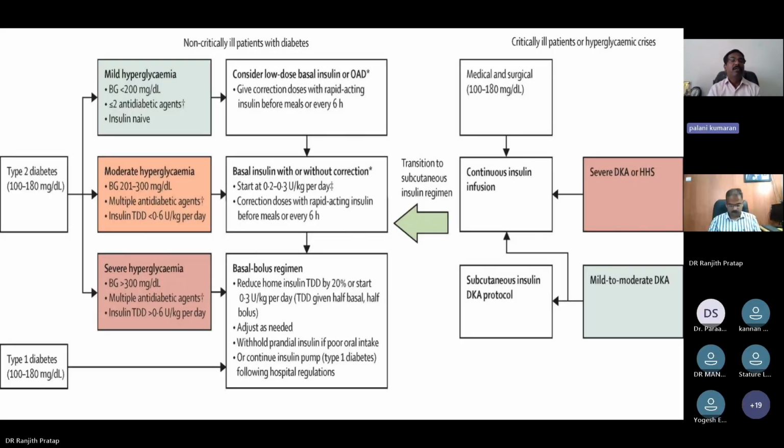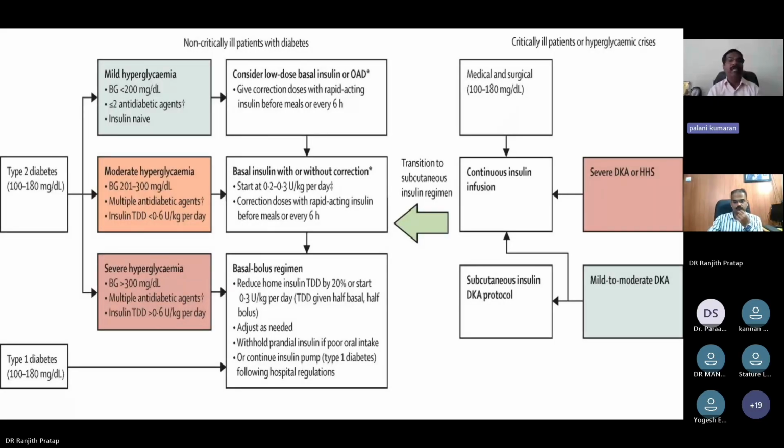Whenever the blood sugar is less than 200 and previously the patient was using fewer than 2 antidiabetic agents, or the patients are insulin naive and we are starting insulin newly, at that time they can be labeled as mild hyperglycemia.